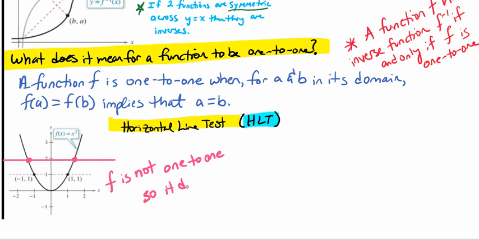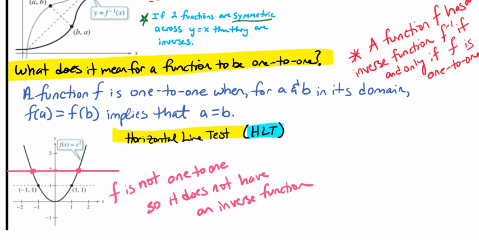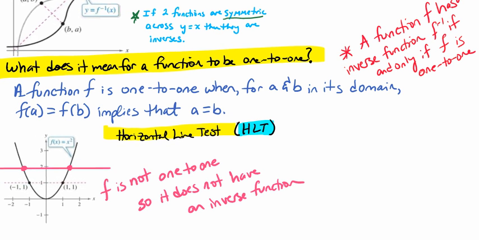So it does not have an inverse function, because remember we talked about right here, a function f has an inverse function, inverse of f, if and only if f is 1-to-1. So because here it is not 1-to-1, that means that there is no inverse function for it. So that's how we use our horizontal line test.